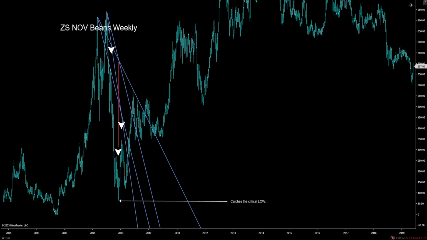Now, notice this line coming down here hits this bottom pretty much dead on. And in that concept, there's a cycle turn. And because of that cycle, there's also price points that align within that low. So you're bringing in a very powerful confirmation tool here. That's what you're doing.